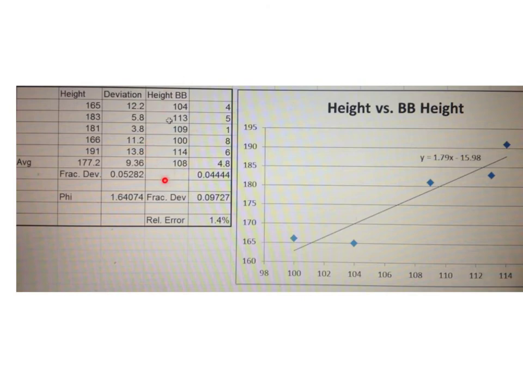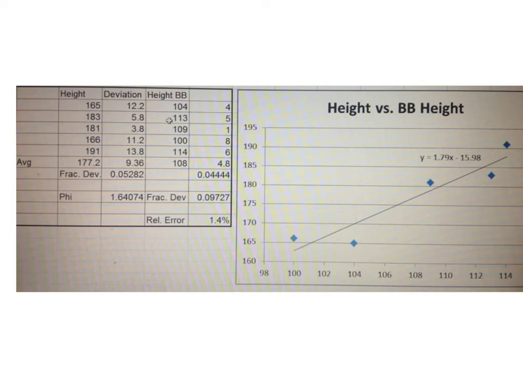Because we said our belly button height should be our x-axis, notice that our smallest value is 100, which is right here. So there's our 100, and we don't have to start at 0. Remember that, because ultimately what we're looking for is a slope. So the more graph that you can use to get that slope, the better.